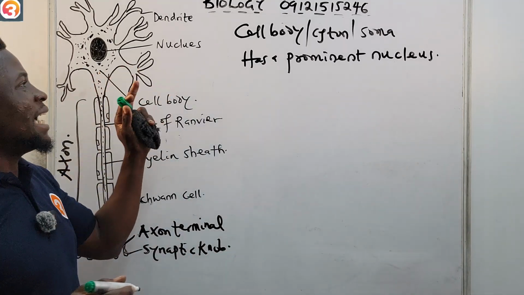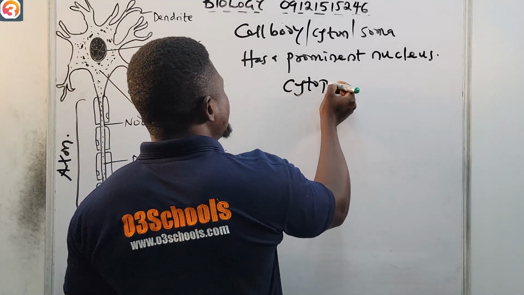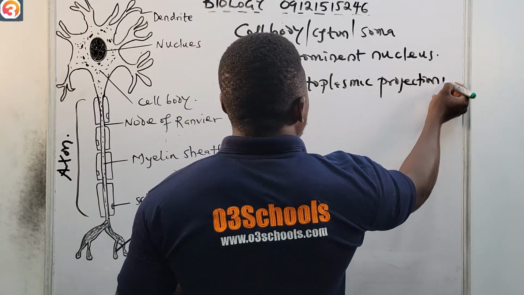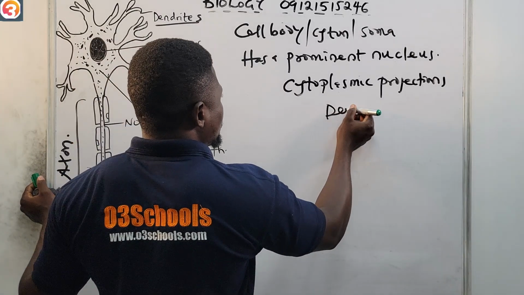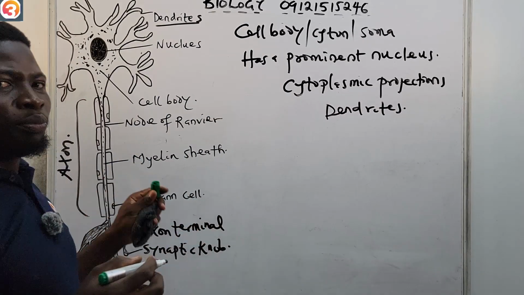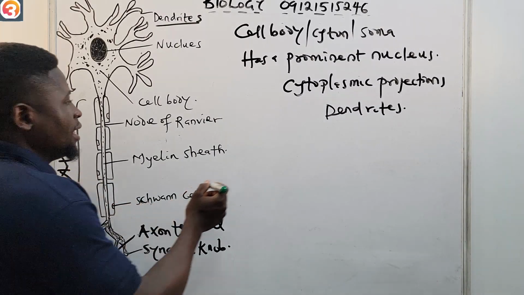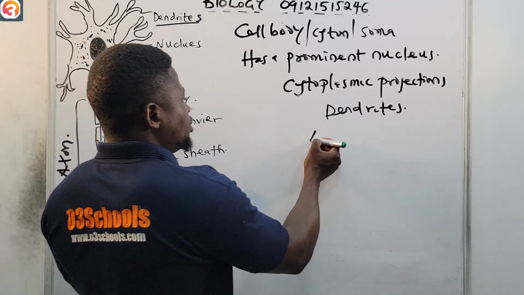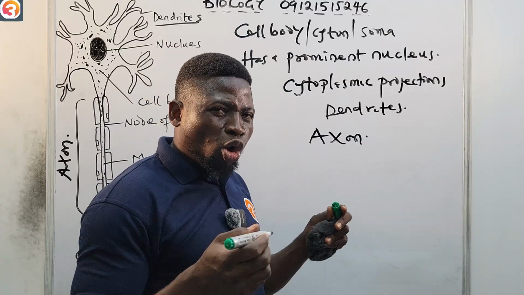And from this cyton, or the cell body, we now see what we call cytoplasmic projections, which are known as the dendrites. One of such long projections that we have is the axon. This axon here is also a long projection.